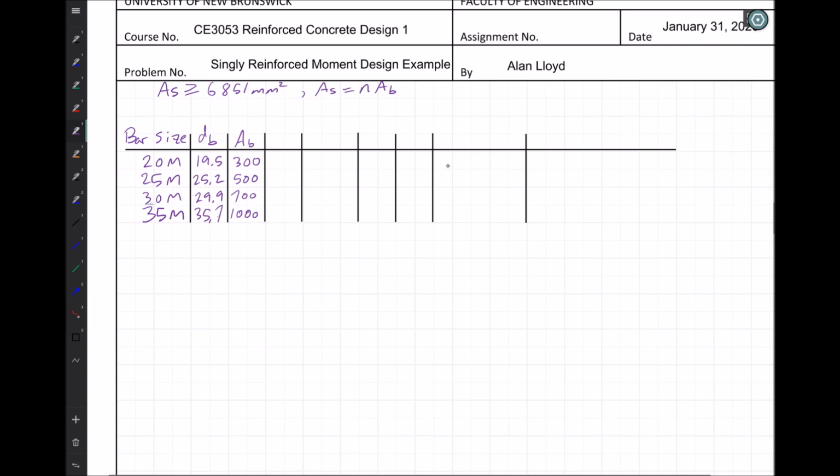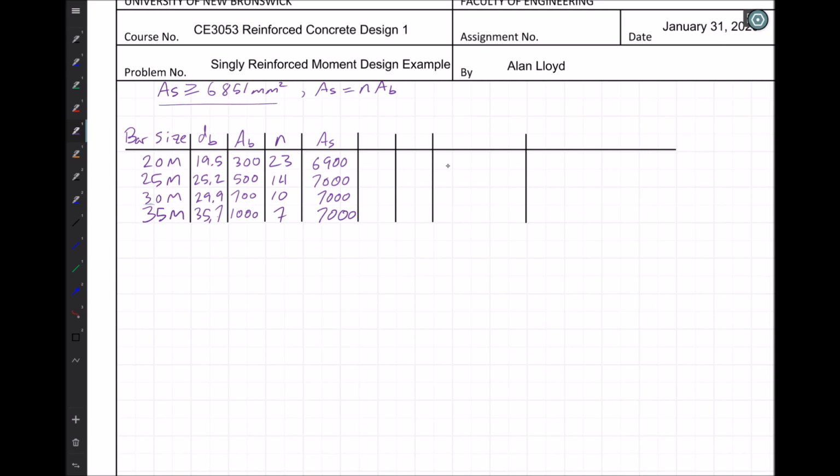We can find that with 23 bars for N here, and 14 bars for 25M, 10 bars, and 7 bars all the way down to 35M. This gives us areas of steel of 6,900 at 20M, 7,000 for all the rest. So those are the minimum number of bars we need to achieve that 6,851 square millimeters.